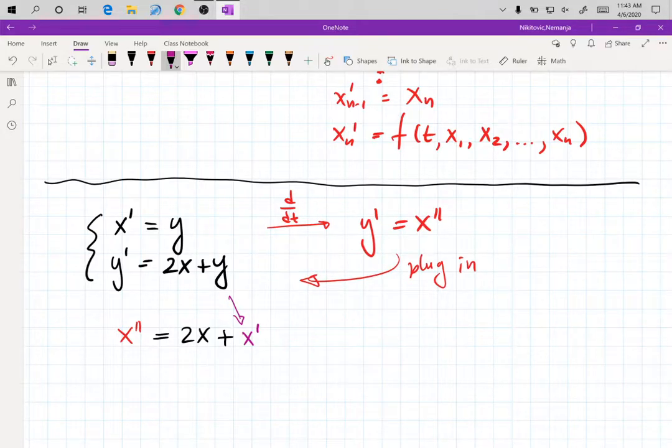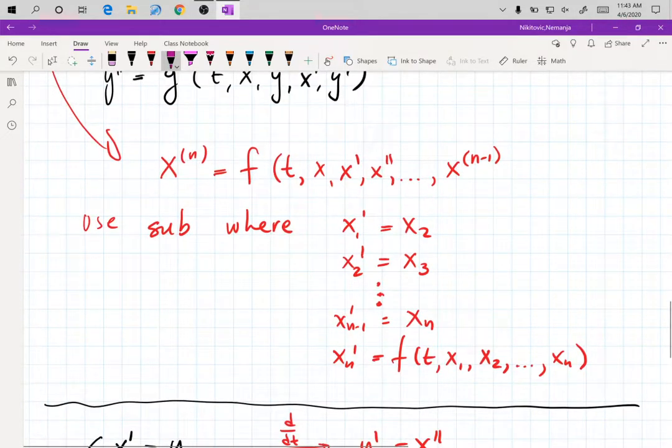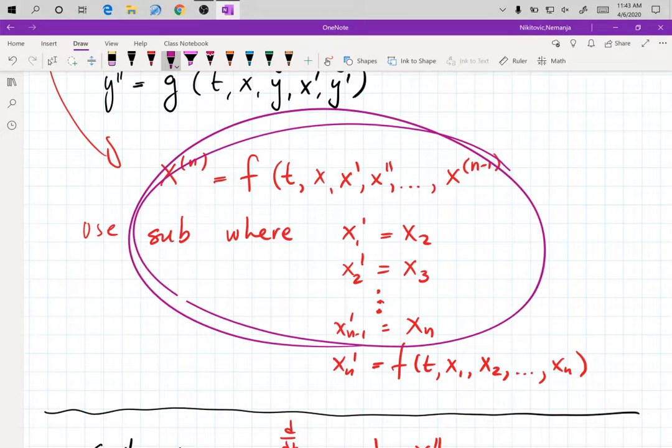So what we did is we took the system of two equations and we used the substitution to combine it into a single equation of the higher derivative, but it only has one variable. And that one we can solve using chapter 3. So that's what this mess over here is all about, right? That's what the mess is all about.